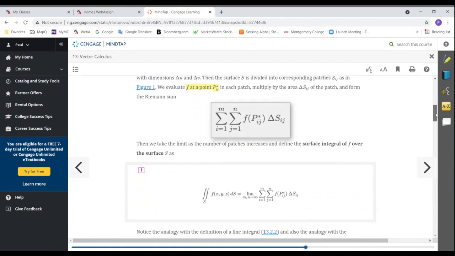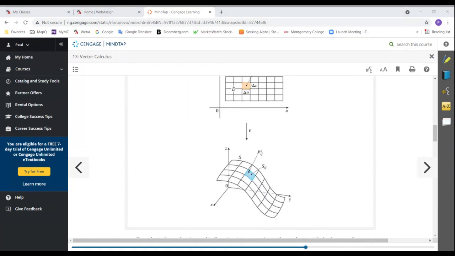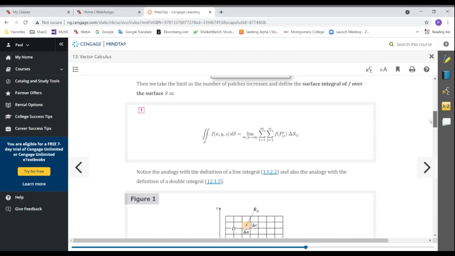You can see that here in the figure: the P sub ij, which is the xyz coordinate. You evaluate the function at that coordinate, and then multiply it by the area of the patch that surrounds it. As we increase more points, the patches get smaller and smaller, and we take the limit of that Riemann sum that you see right here.